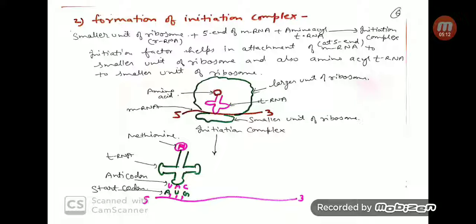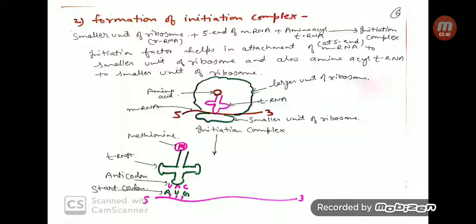The smaller green part is the smaller unit of ribosome, the larger part is the larger unit of ribosome. There is mRNA 5' to 3' and there is tRNA with activated amino acid. In tRNA there is an anticodon, that means the nucleotides which are complementary to the mRNA.